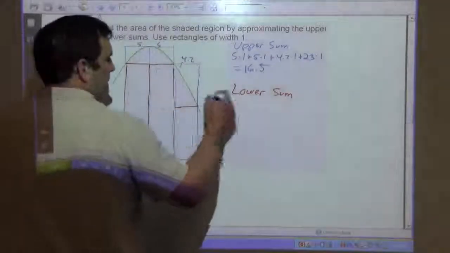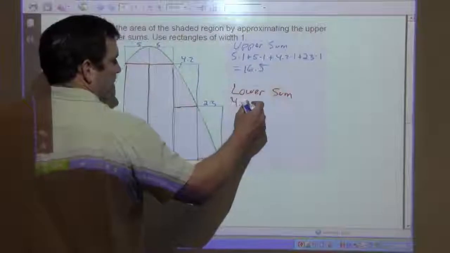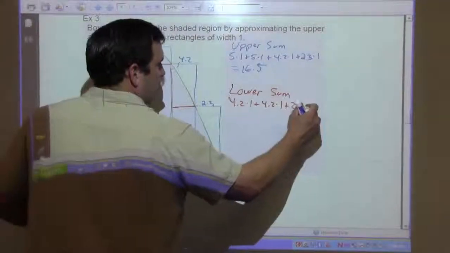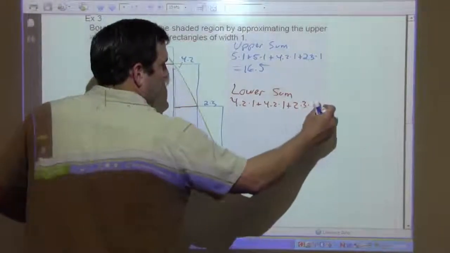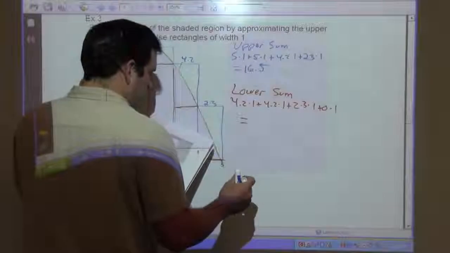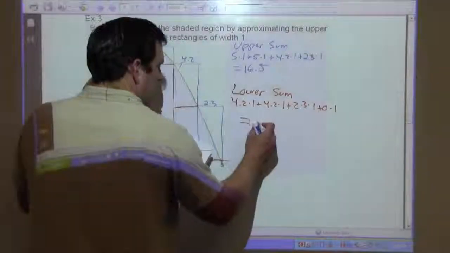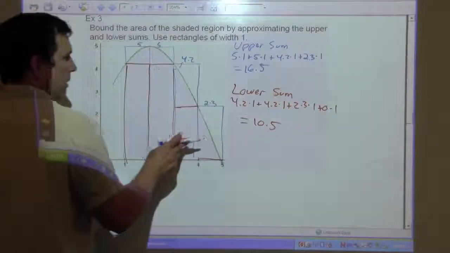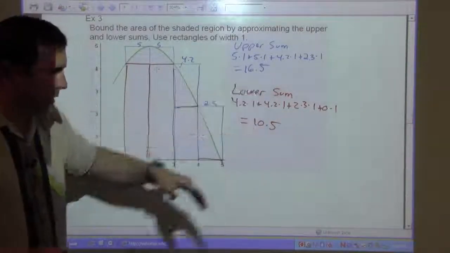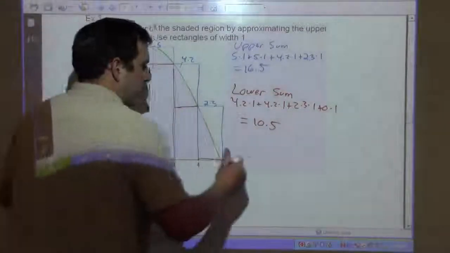Okay, so we're going to have 4.2 times 1 plus 4.2 times 1 plus 2.3 times 1 plus 0 times 1. That one comes out to be 10.5. So we know that the area falls between 16.5 and 10.5.